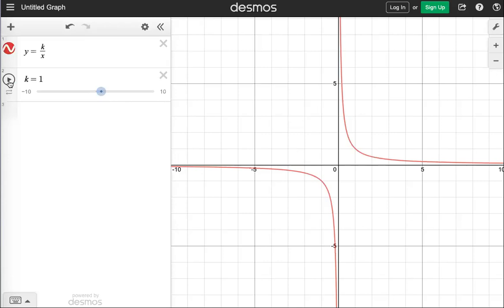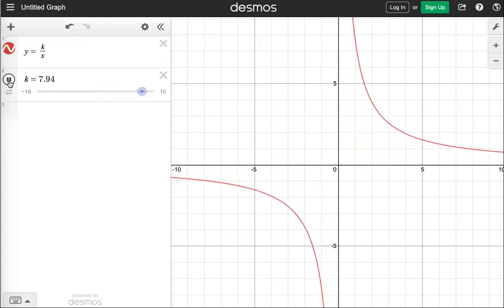Now I'm going to go up here and change the value of k. So like I said, k is just a number. You can let it be whatever you want it to be, I guess, except for 0. But what happens is when I hit this play button, the value of k is going to change. So watch this.